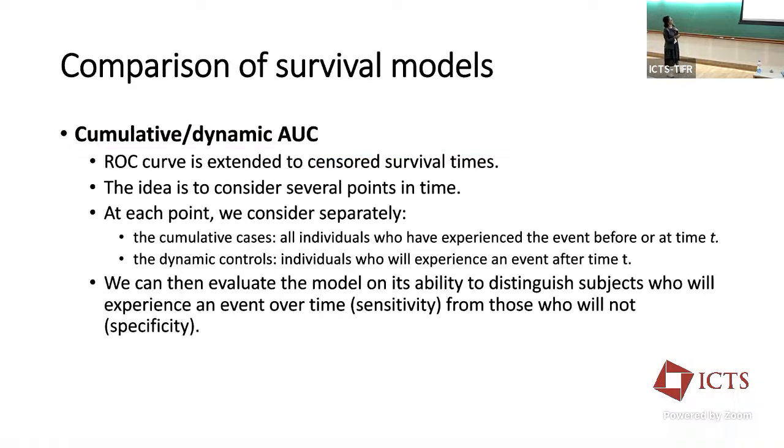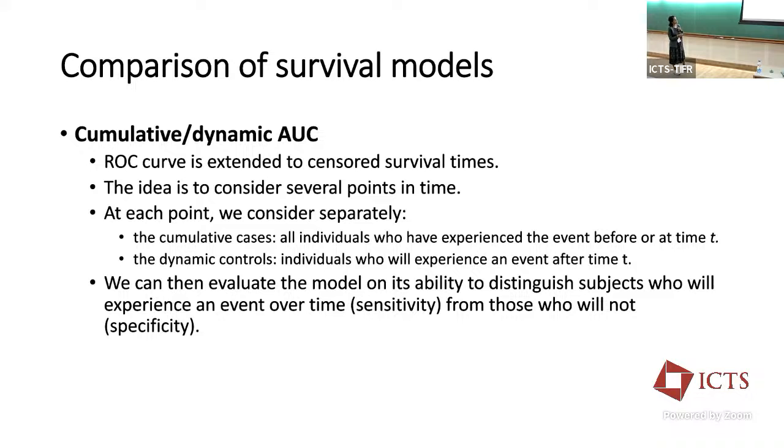Now, we can also use the dynamic AUC. You've seen the AUC, area under the curve, which we use for classification. Here you have the dynamic AUC, which you compute over time. The ROC curve is extended to censored survival times. The idea is to consider several points in time. At each point, we consider separately the cumulative cases and the dynamic controls.